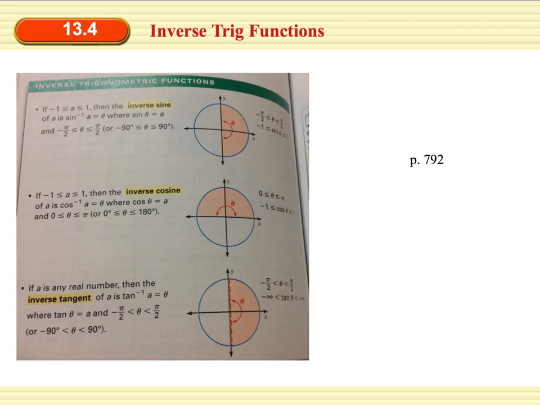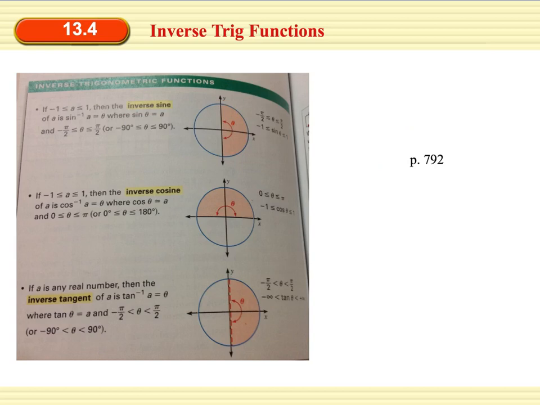When we look at this table, for our inverse sine function, the values we're able to calculate, more specifically with your calculator but just in general as well, are going to fall between negative pi over 2 and positive pi over 2. So when we solve for theta, this is where our solutions are going to come from.